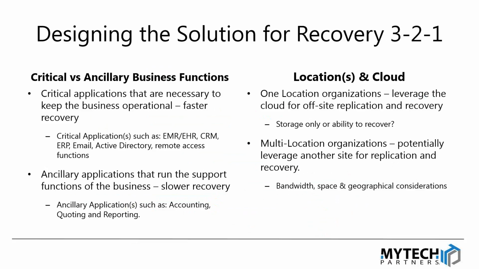So looking at our critical business functions, looking at what services are critical and which services could potentially wait or should be recovered last, and mapping those to the dependencies that they have, potentially in certain instances, there could be a different RPO and RTO for each individual system.